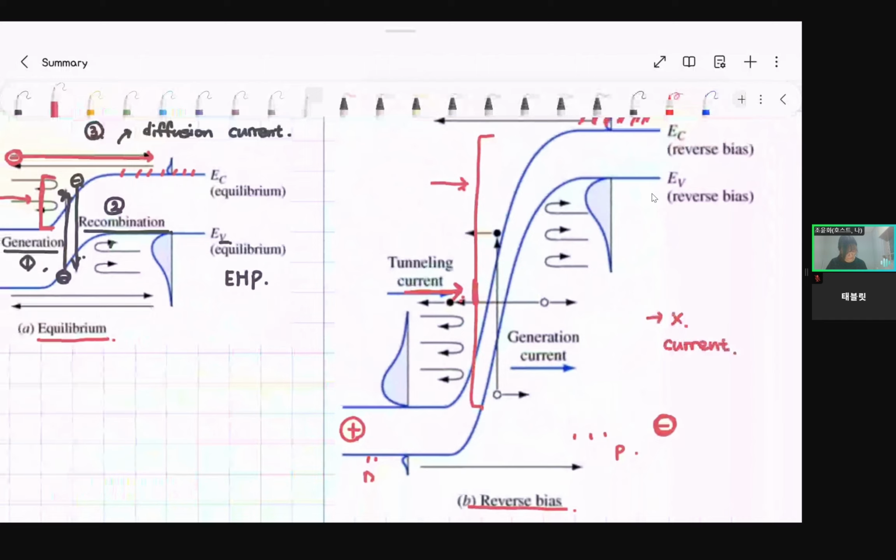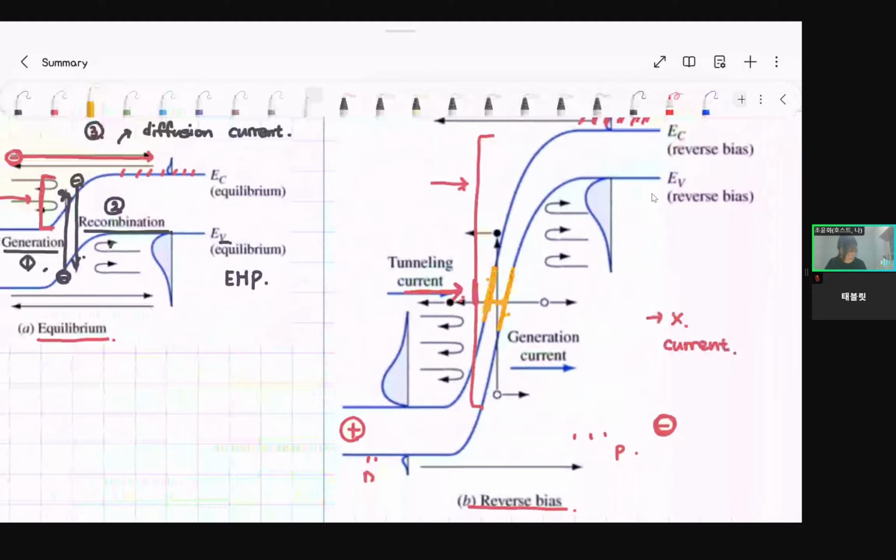But if we apply too much reverse bias to the PN junction, in this depletion region, the band gap is narrower and narrower.